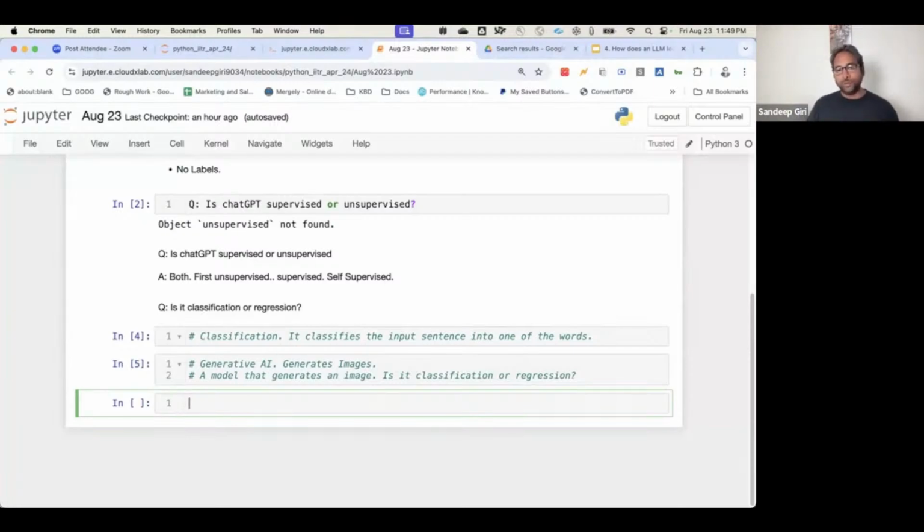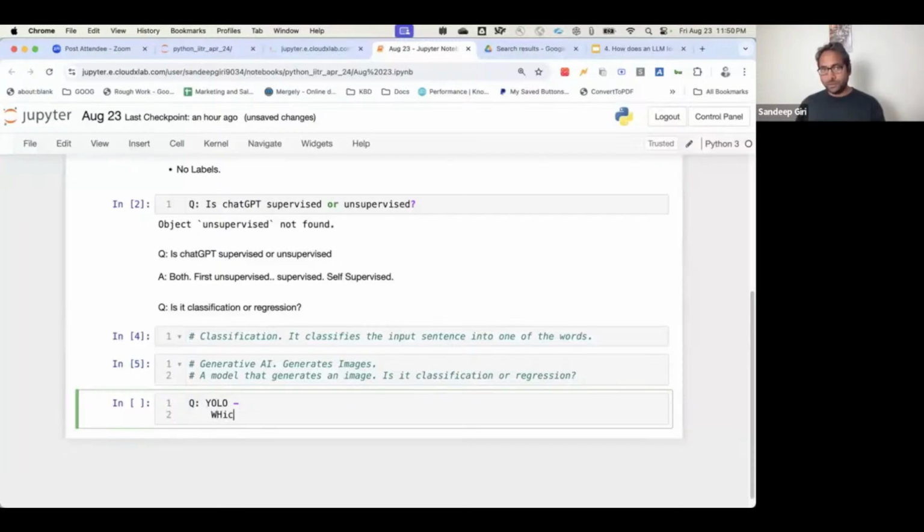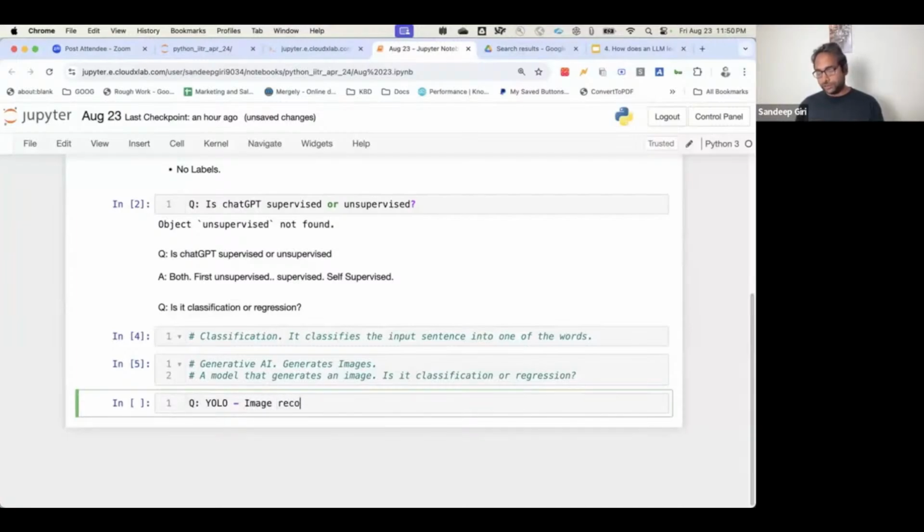Now, let me give you another example. Here's a question to all. There is a model called YOLO, which does image recognition. We call that recognition. I'll just show you what it does.